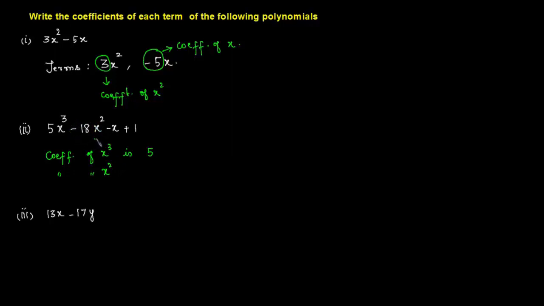Make sure that you will tell the coefficient along with the sign associated with the term. What is the coefficient of x? The coefficient of x is minus 1 because it is minus x, which means that it is nothing but minus 1 multiplied by x. Therefore, the coefficient of x is minus 1. And 1 is the constant term.